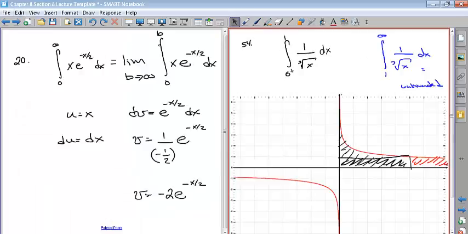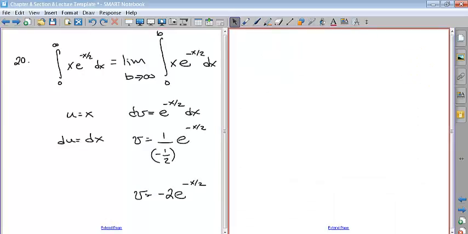So then what we have is the integration by parts equation: the integral of u dv is equal to u times v minus the integral of v du.